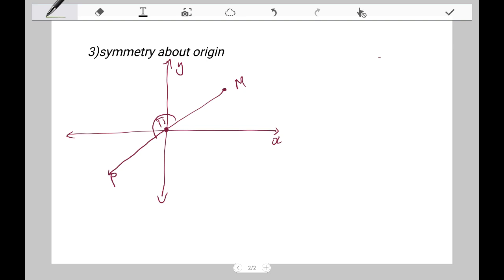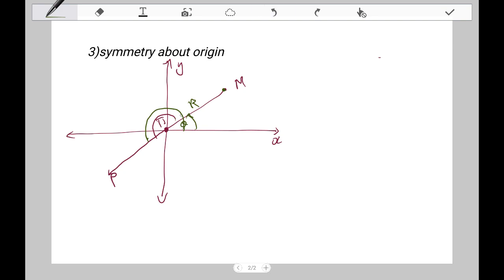So therefore, these 2 points are symmetric about the origin. To examine whether the equation is symmetric about the origin, we are going to do this. Remember that here we must find the coordinates. This is r, which doesn't change. Then we count this, which is going to be theta, and now you have to consider this, because this is the angle for point P. For point P, remember that I said this is pi, from here to there it's pi, and when you add this, it's going to be pi plus theta.